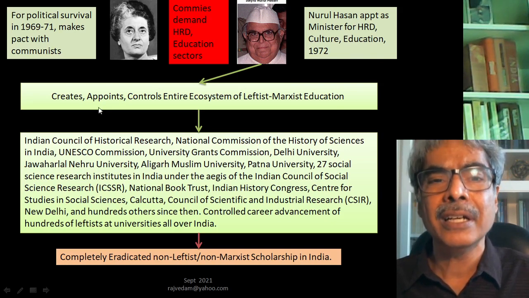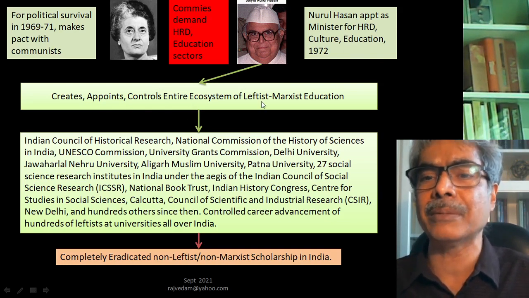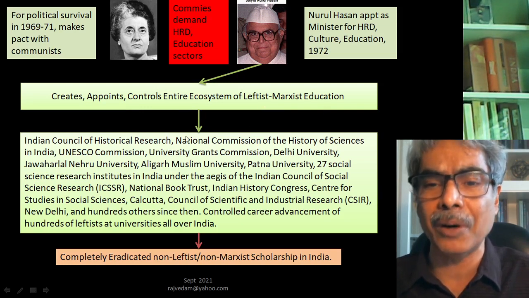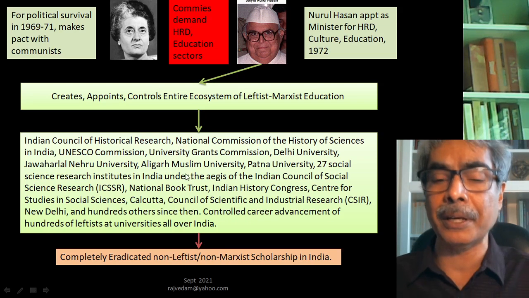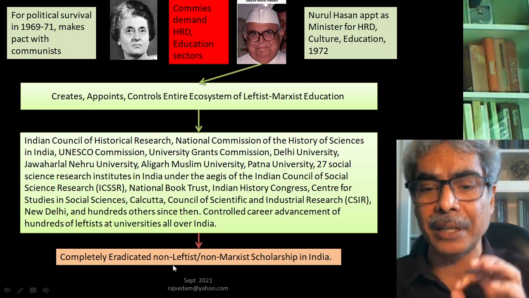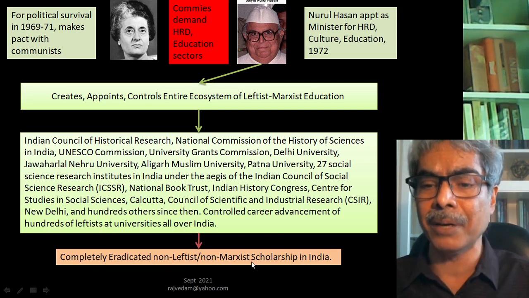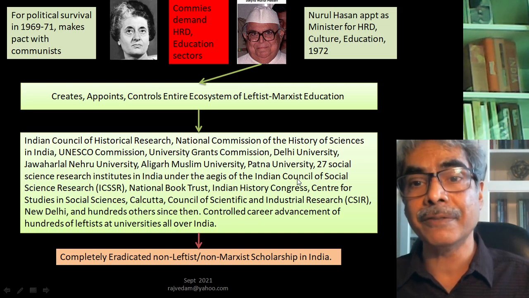And like I said, he created, appointed, controlled the entire ecosystem of leftist Marxist education. All these agencies were set up by him and controlled by him. And they completely eradicated the non-leftist, non-Marxist scholarship in India over the course of the last 50 to 60 years.